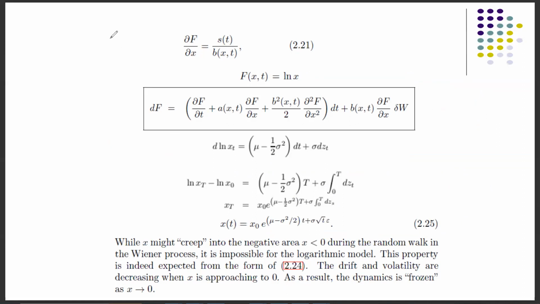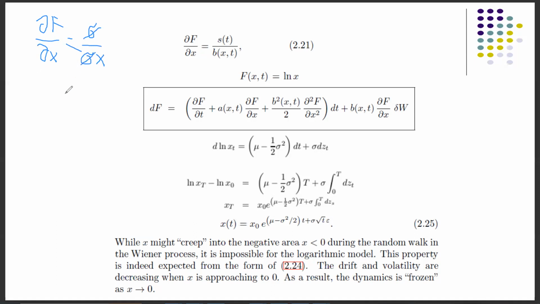If we substitute, df with respect to dx equals s from t, it is sigma, and b is sigma multiplied by x.